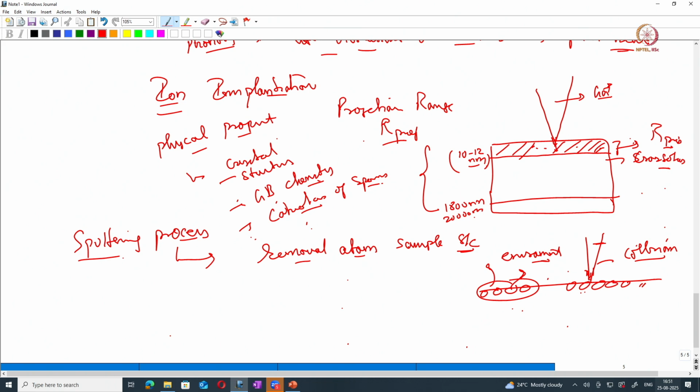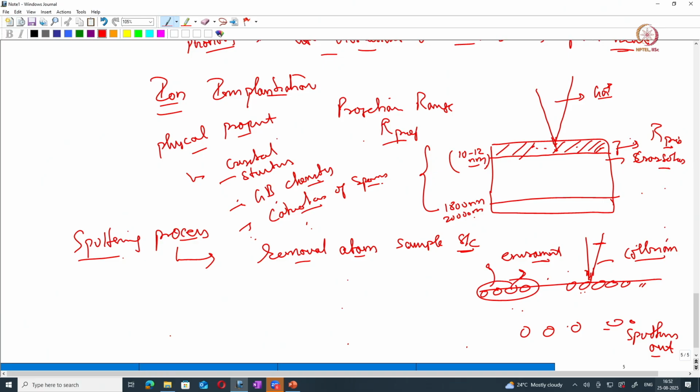Atoms that are located deep in the sample are less likely to be sputtered out. Only the surface atoms are more prone to sputtering, which is the removal of atoms.